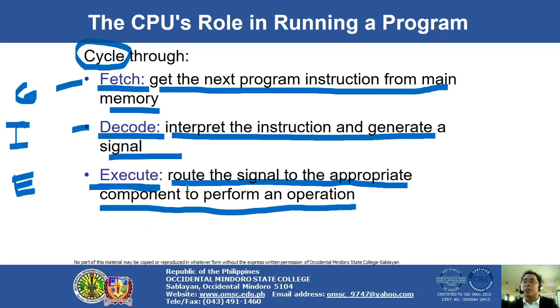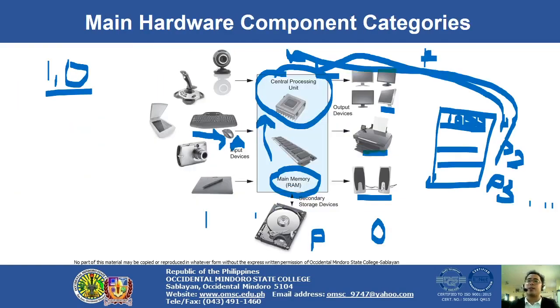Meaning, iroroute mo yung signal, kung saan siya papunta, operation. Since we encoded 1 or a letter A, saan siya pupunta? And what component? So, it would now go to our output device, and that is our monitor. Why? Nag-encode ka ng A, papasok sa memory, sa addresses, kukunin ni CPU because of the fetch, i-interpret niya, that is our decoding.